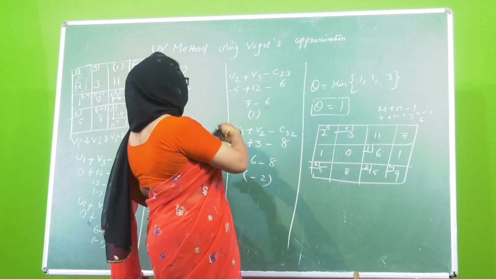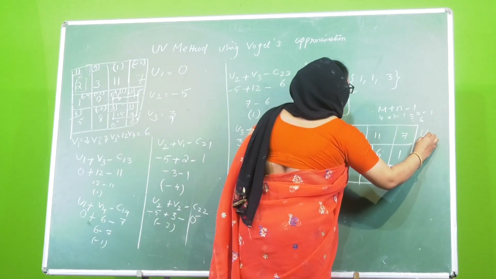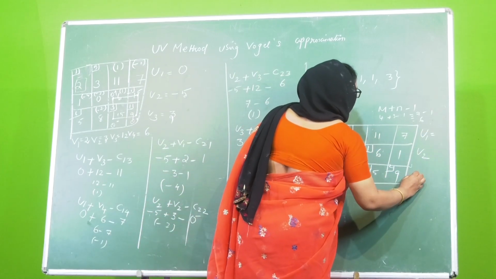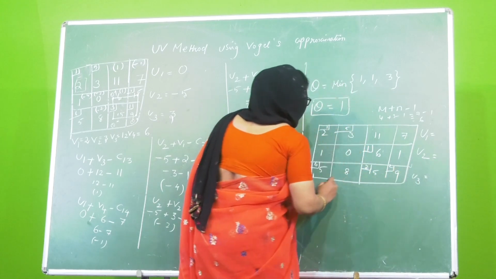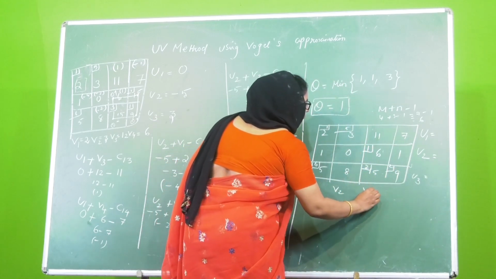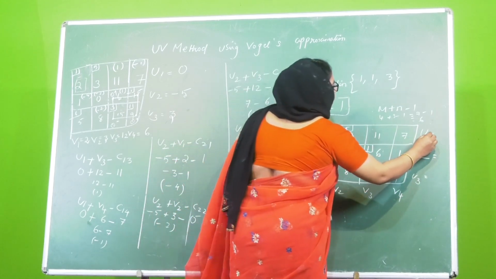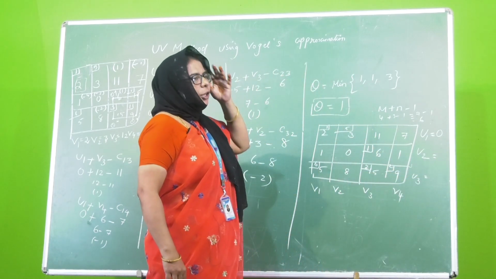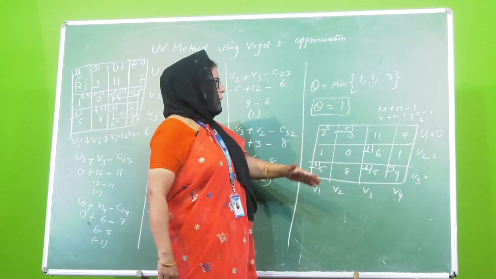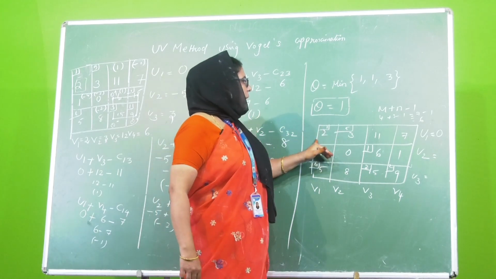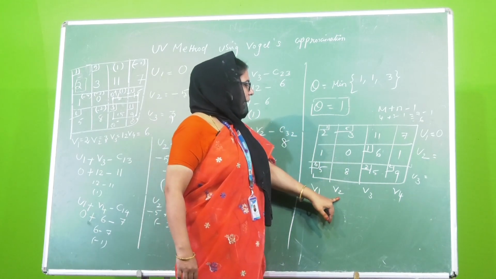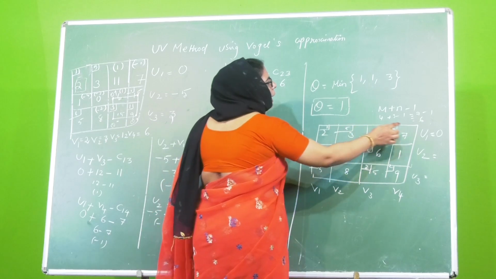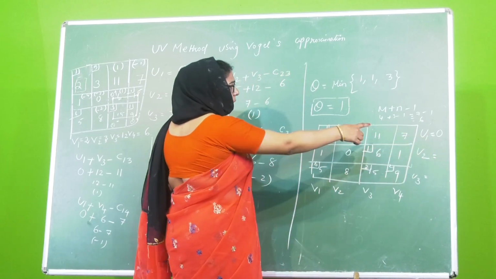Likewise, as in the previous steps, we find the dummy values, so u1, u2, u3 and v1, v2, v3, v4. In all problems, we assume that the initial value u1 is equal to 0. Using the original allocation, we find v1 and v2, that is the cell value minus the assumed value.